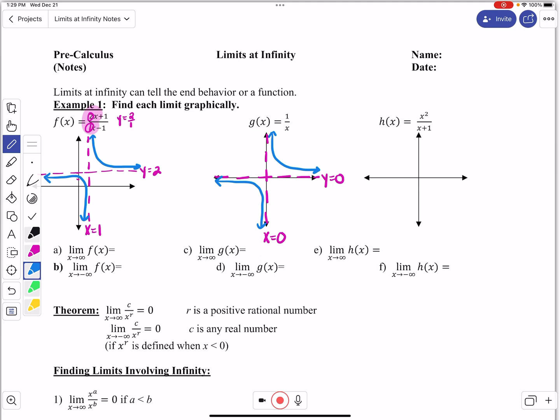All right, and for our next graph, for the bottom, if you set x plus 1 equal to 0, we get negative 1. And then this one, because of the x squared, we actually have a diagonal asymptote.